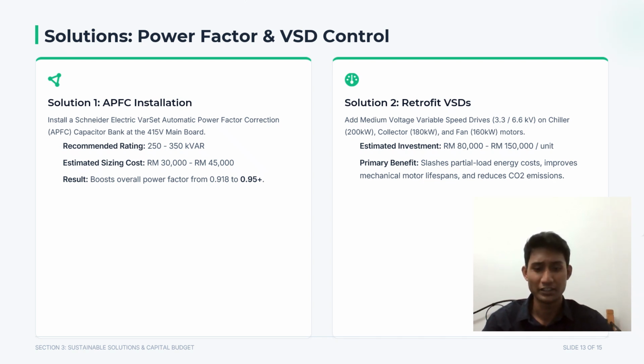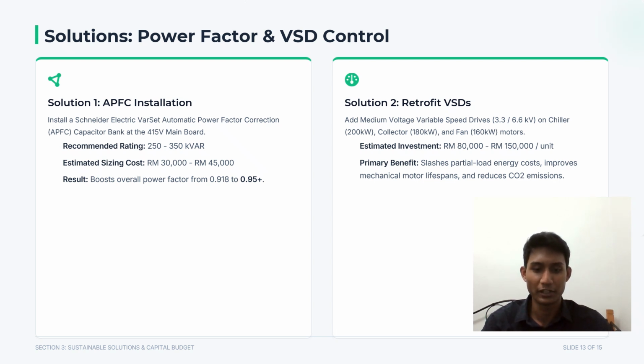and minimizing system losses. The second solution is to retrofit variable speed drives or VSD on major motor loads such as the 200 kilowatt chiller, 180 kilowatt dust collector, and 160 kilowatt collector fan.